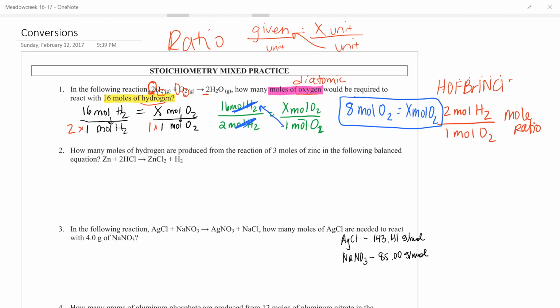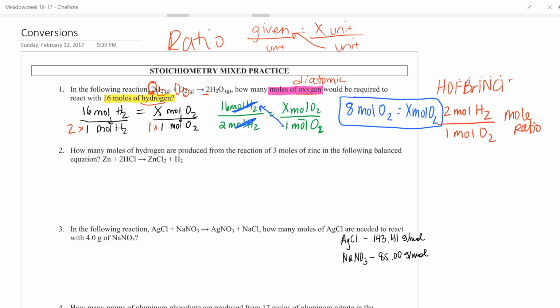Now let's try a different problem where it's a little bit more steps. If we look at problem number 3, it says in the following reaction, AgCl plus sodium nitrate produces silver nitrate and sodium chloride. How many moles of silver chloride are needed to react with 4.0 grams of NaNO3?